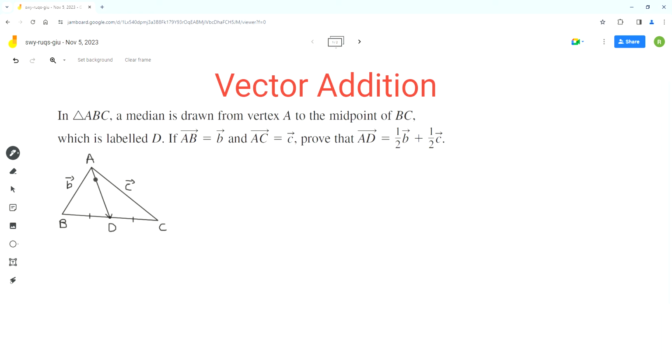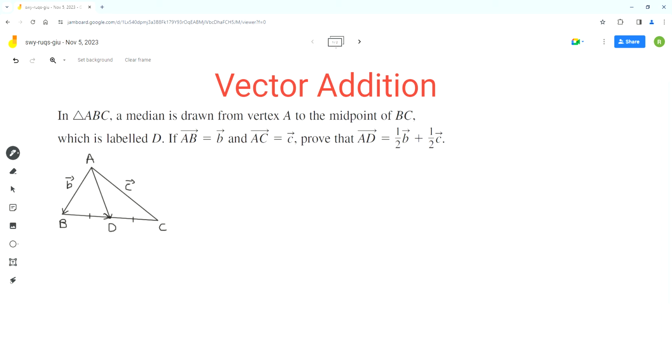Now vector AD can also be described as vector AB plus vector BD, because the alternate way to go from A to D is to go from A to B and then B to D. So that will be our first step.